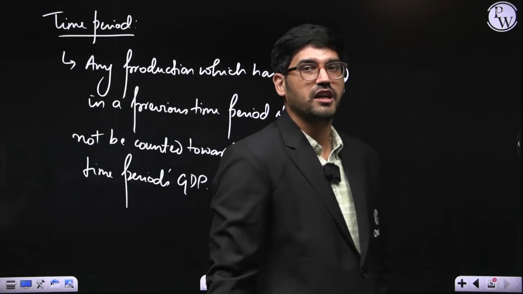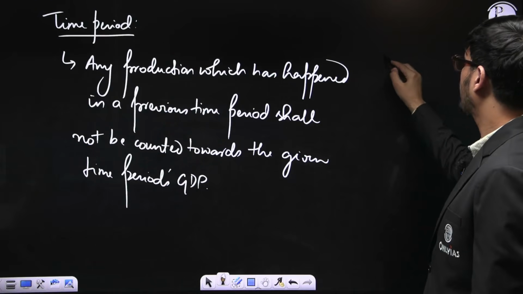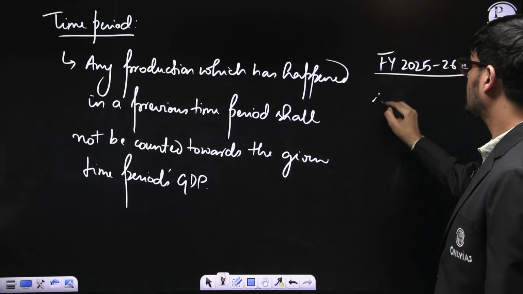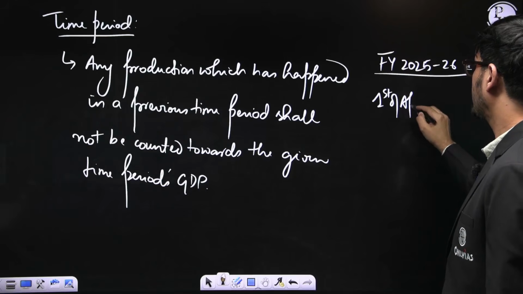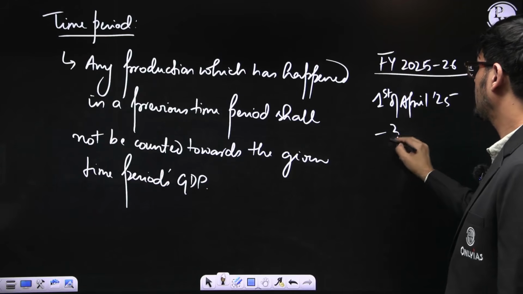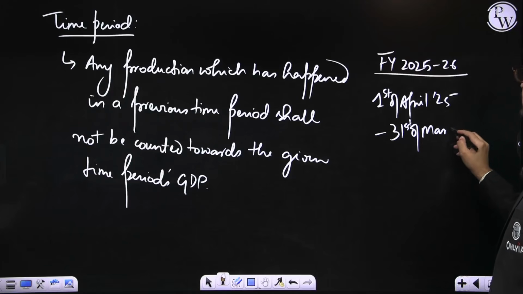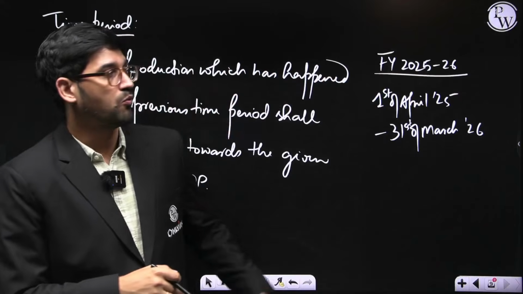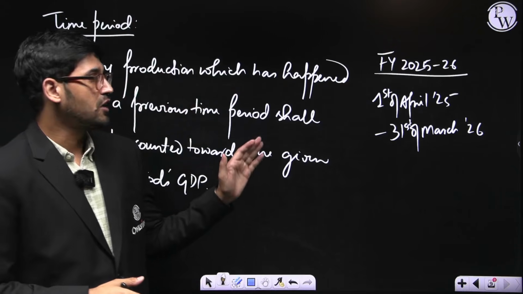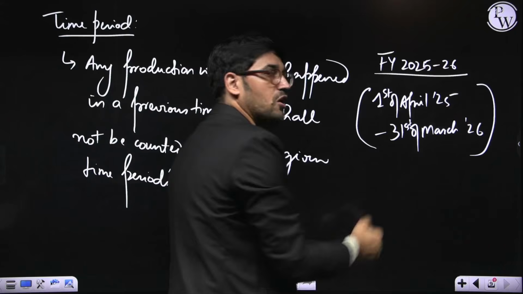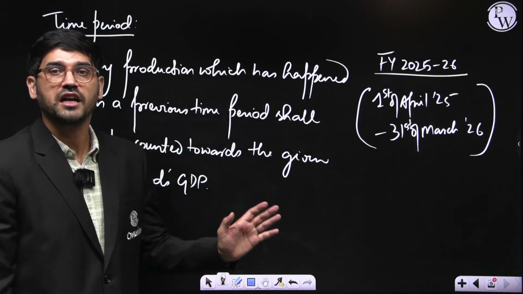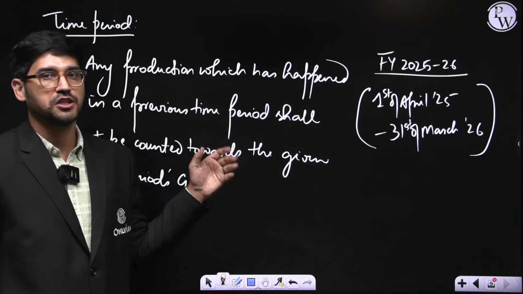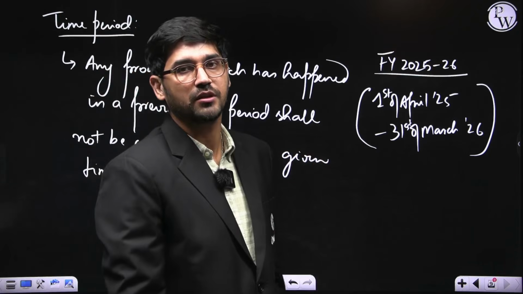For instance, if we are calculating the GDP of India for the financial year 2025-2026, which will start from the 1st of April 25 till the 31st of March 2026, what we are concerned with is what was the market value of final goods and services produced within this period alone, which means the market value of such goods which are produced in a time period previous to this shall not be counted towards this year's GDP.